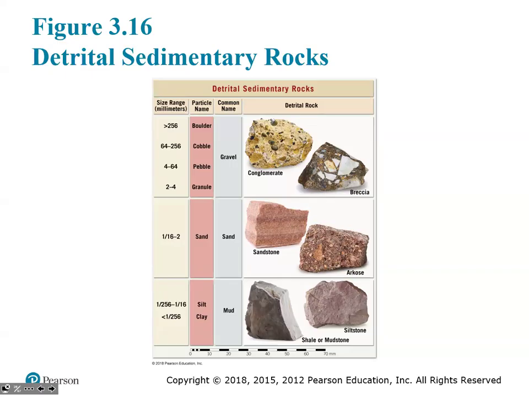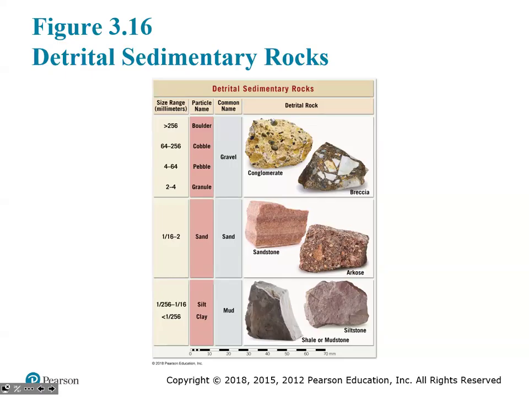That's a few inches across, because 64 millimeters is a little over 2 inches, about 2.5. From 4 to 64 millimeters is a pebble. And then 2 to 4 millimeters across is a granule. They're pretty much arbitrary names, but they're just categorized based on their size.